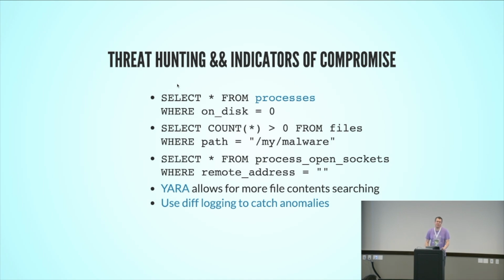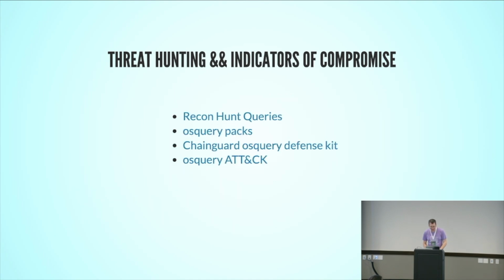And finally, what files exist on the system in terms of indicators of compromise. There are a number of resources that I have here in terms of pre-built osquery queries that say, hey, here is an example of finding bad files on the system or finding connections that really shouldn't be there.